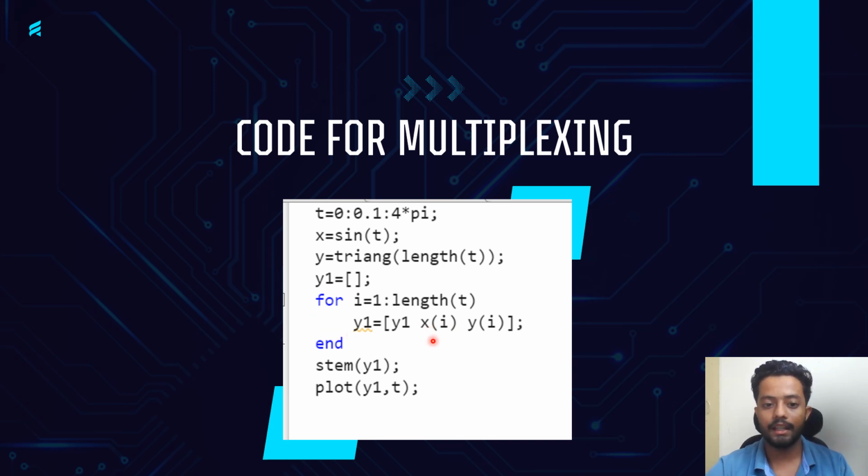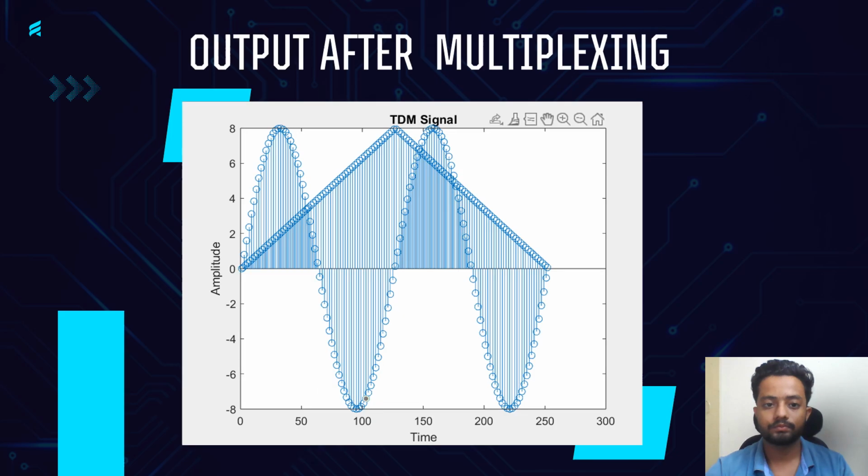First is x1, which is our sine function. Second is y1, which is our triangular wave pulse of the same length as the sine function. Here is the output of our time division multiplexing. Here you can see that after every instance another function's value is taken in the output.